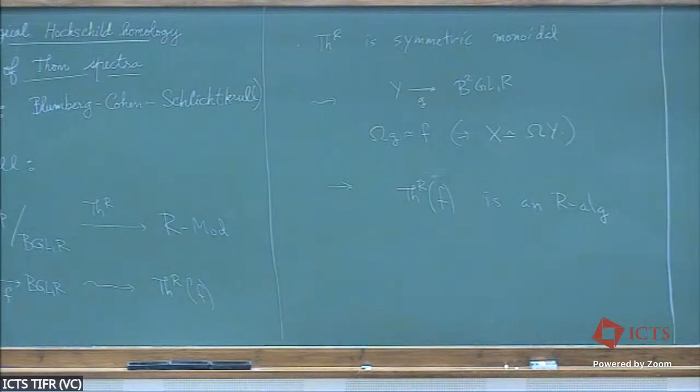And if this was an infinite loop map, the Thom spectrum is a commutative ring spectrum.